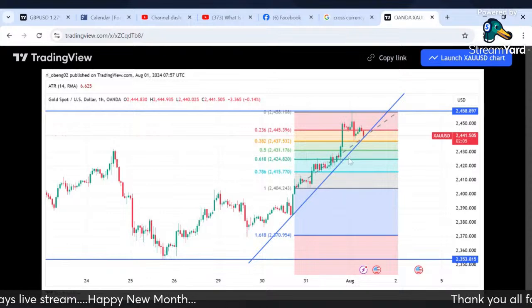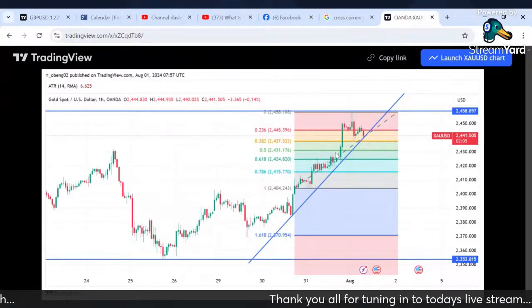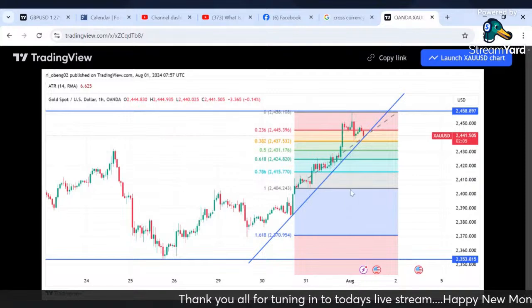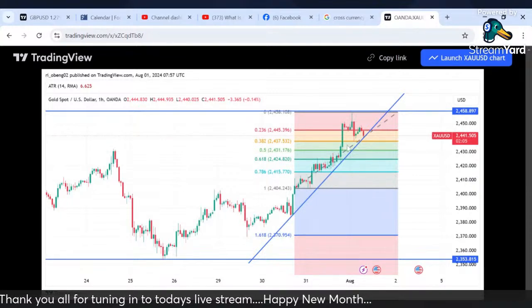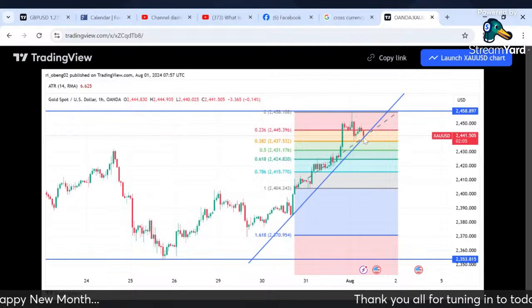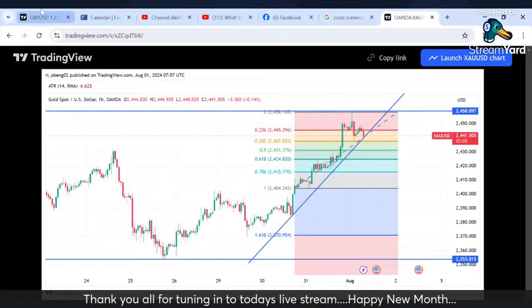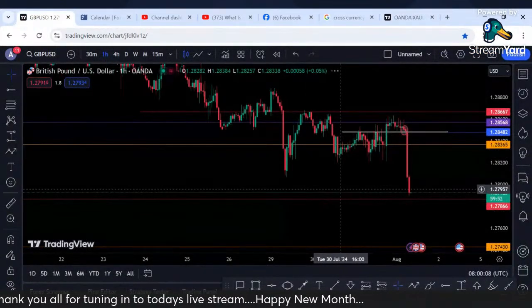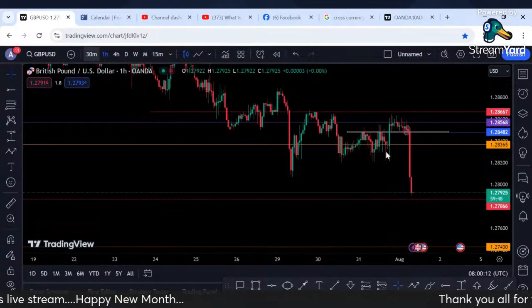Supposing you don't have any knowledge about Forex and I present this to you, will you be able to understand? You get it? It will be very difficult for me to interpret what you are expecting. I don't know whether you are looking for a buy or a sell. Nothing shows. So please next time, at least give a description on the chart.